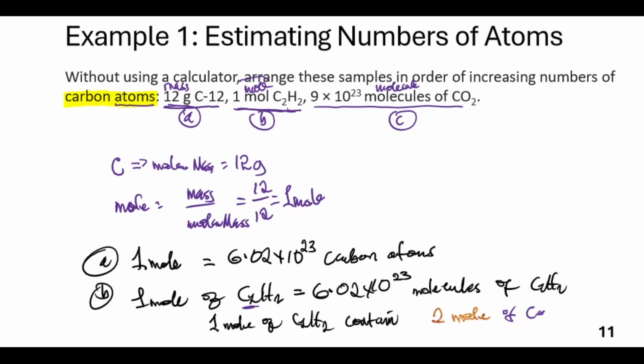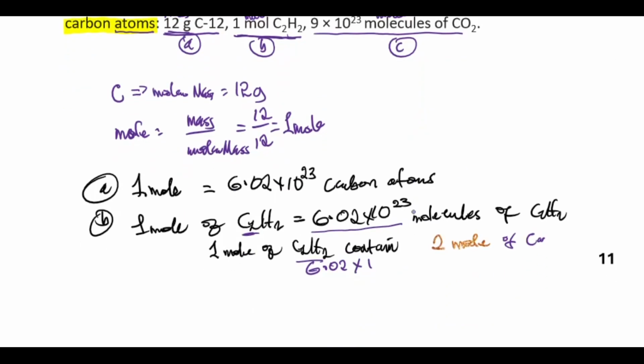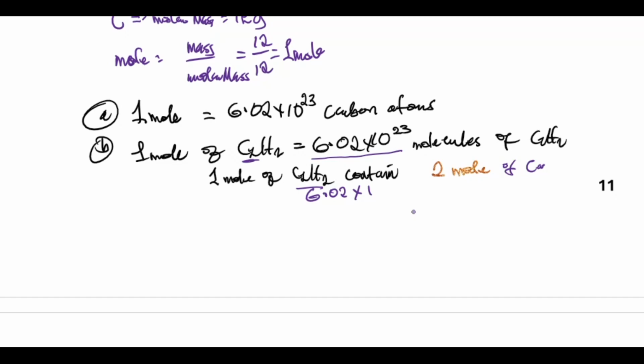So if you look at the number of molecules, every molecule of C2H2 will contain 2 atoms of carbon. We know 1 mole equals 6.02 times 10 to the power of 23.